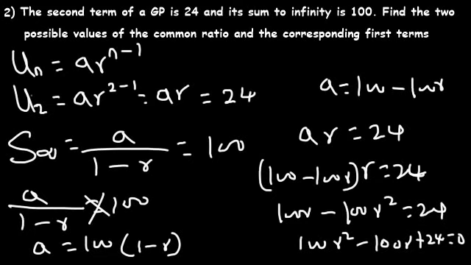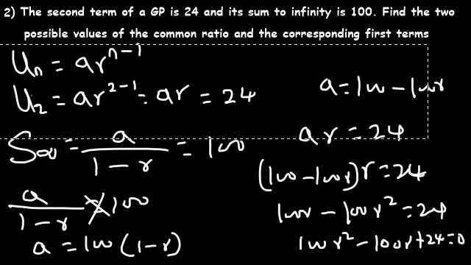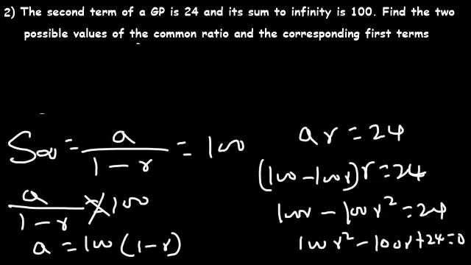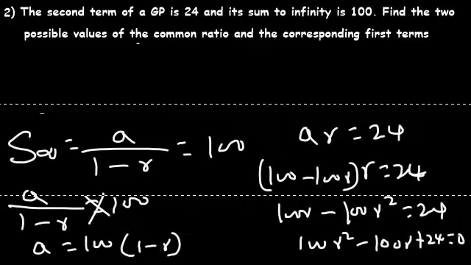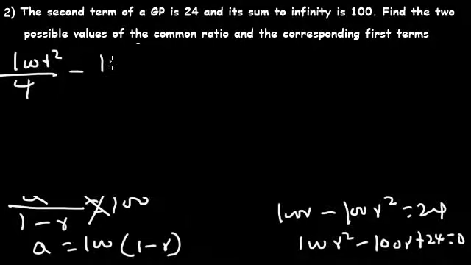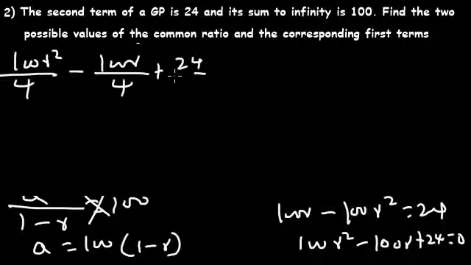Now let's reduce the fraction a little bit in order to solve for the value of r. So if we divide through by 4, we would have 100r squared divided by 4 minus 100r divided by 4 plus 24 divided by 4 equals 0.